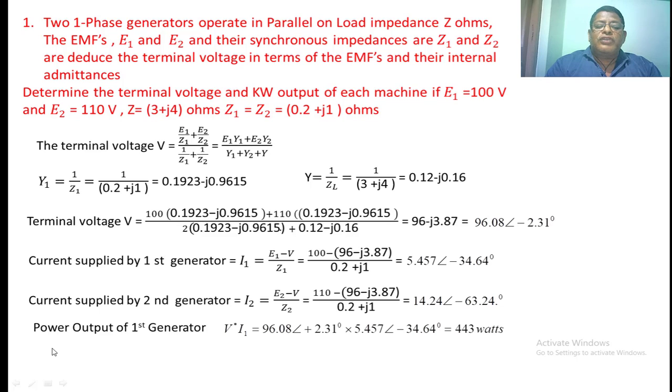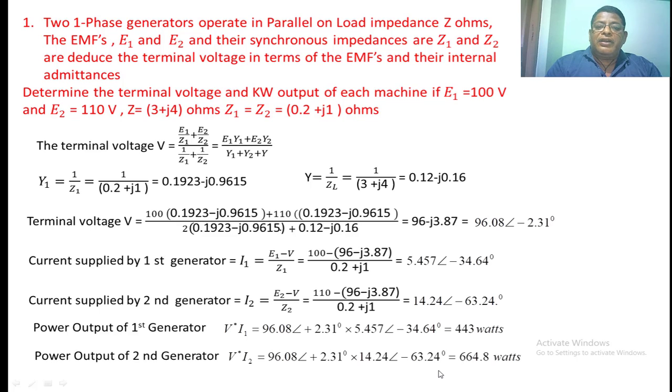Power supplied by generator 1 equal to V star into I1, nothing but the complex conjugate of the voltage, 96.08 at angle plus 2.31 degrees, into I1, this current. We get the power 443 watts.